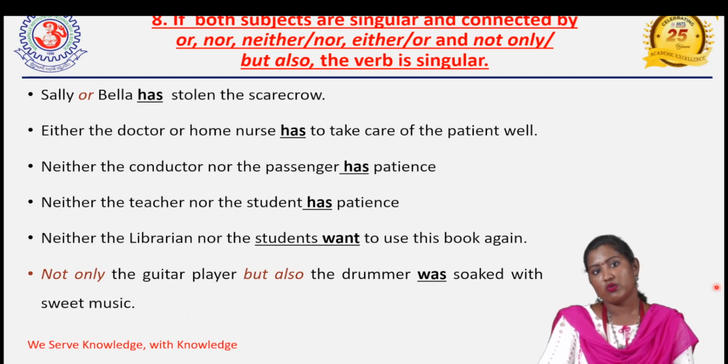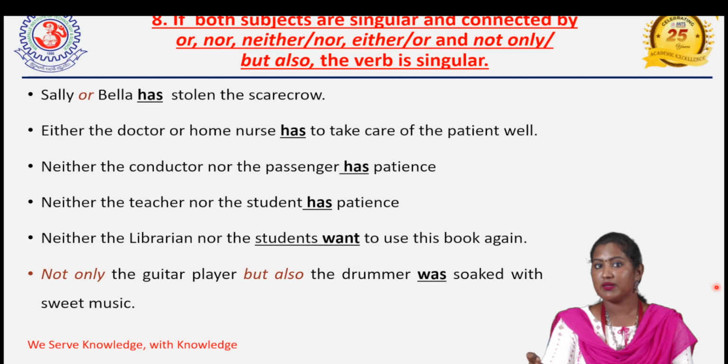And in most of the competitive exams, we can find this kind of sample sentences, and they may ask to point out the errors. So we have to know where the error is exactly. For example, if we imagine, like, neither the student nor the student wants to use this book again.